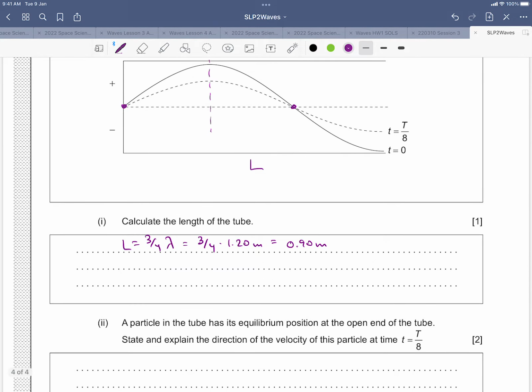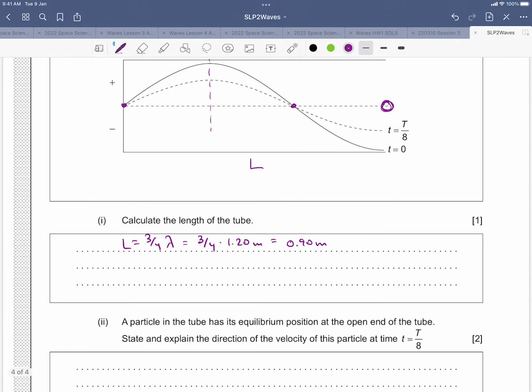Then a particle in the tube has its equilibrium position at the open end. So kind of over here, right there, there's a particle. Right when time is 0, it has displaced itself all the way to the left, right? So when time is 0, because the graph is showing us maximum negative displacement, it's all the way over to the left. And then as time goes forward, it's going to start moving to the right.